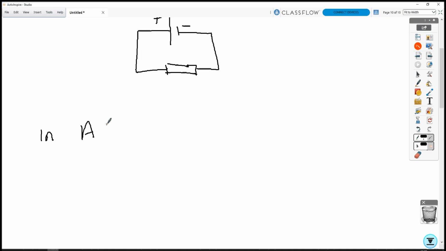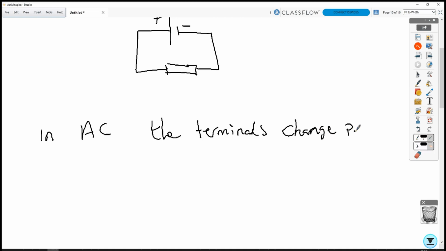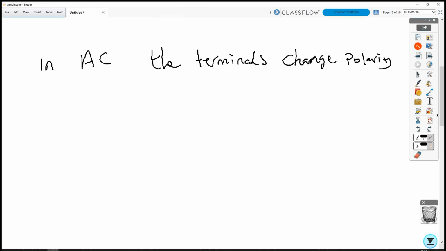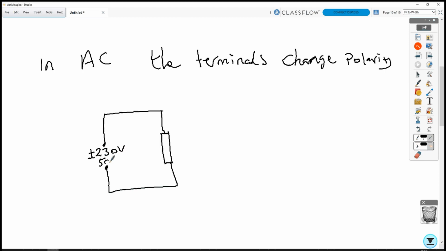So in AC, the terminals change polarity. So for example, if we had a similar circuit as above, so we've got here plus or minus 230 volts at 50 hertz.